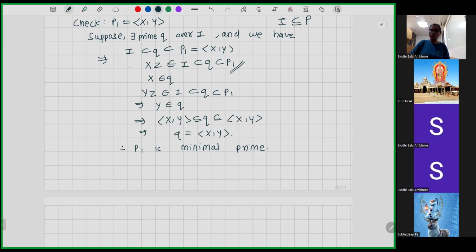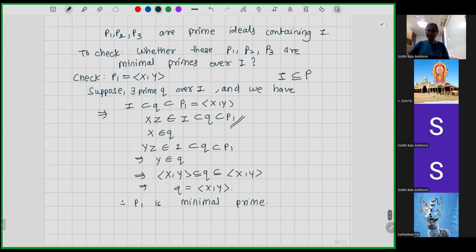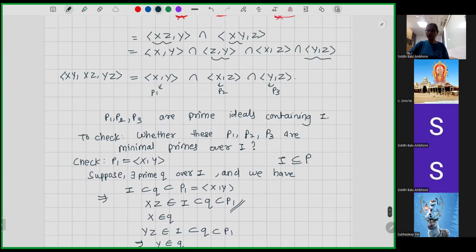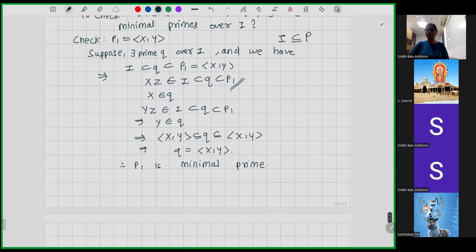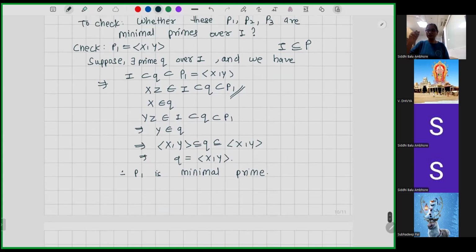Okay, so xz is an element of I. So since Q is a prime ideal, x belongs to Q or z belongs to Q. But Q is also contained inside P1, so since z does not belong to P1, x has to be in Q.